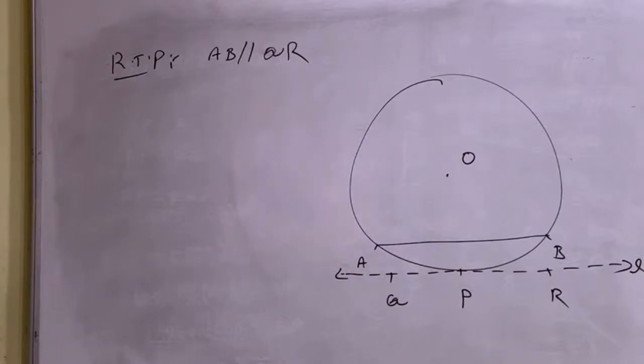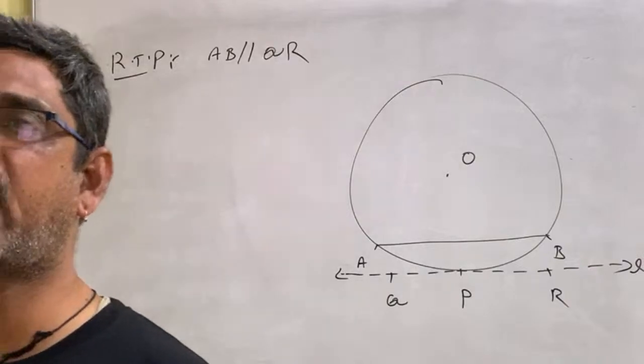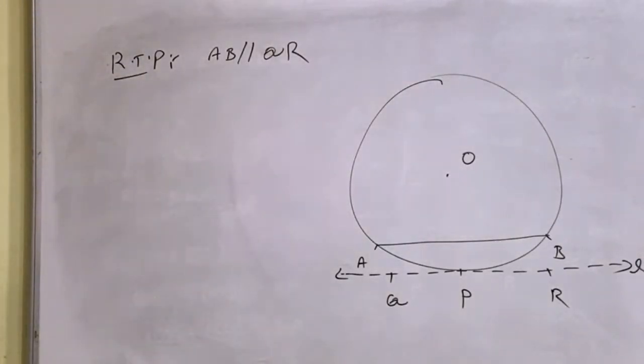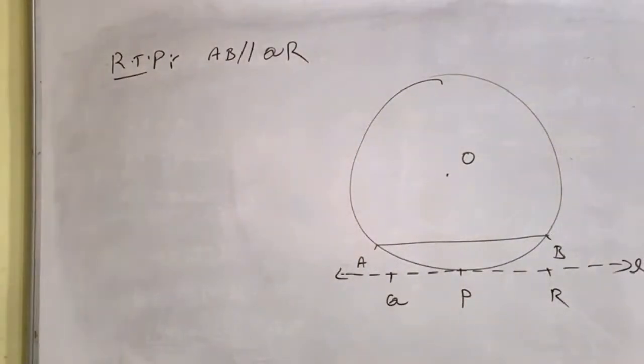And what is the P over here? P is the midpoint of arc AB. Moksha, are you listening carefully? P is the midpoint of arc AB. Okay? Right.